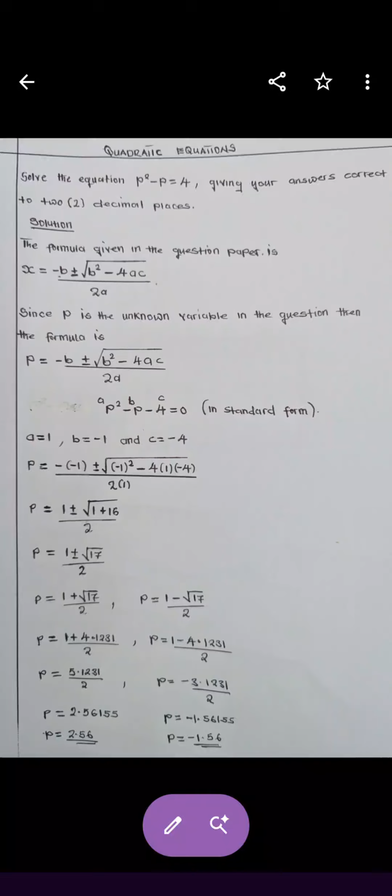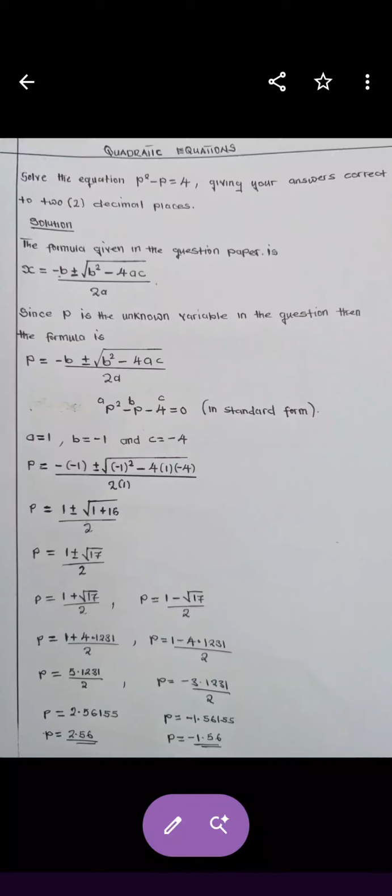First, find the square root of 17, which is 4.1231. Okay, the square root of 17 is 4.1231. Then, don't enter all the numbers, 1 plus 4.1231 divided by 2, on the calculator at once.